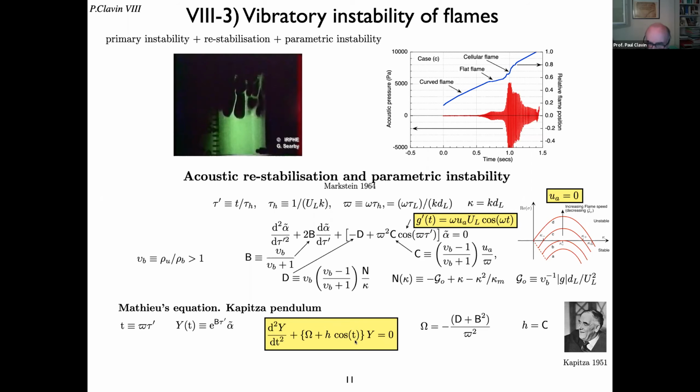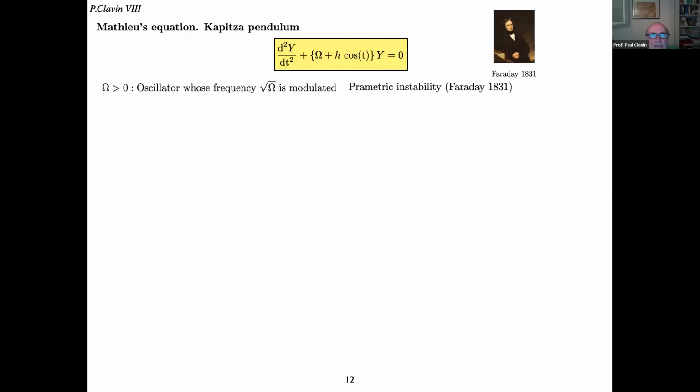This is a very funny problem. This is called the Mathieu equation, and it describes two very important phenomena. The first one is the parametric instability discovered by Faraday.